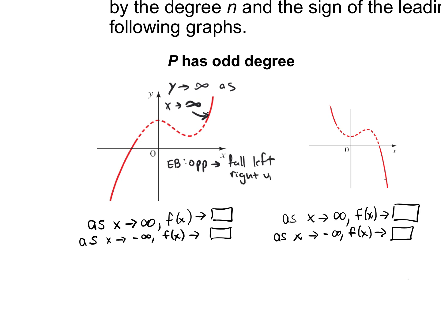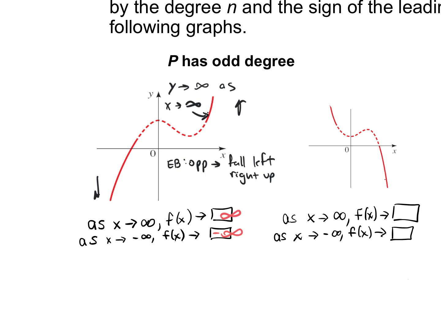So down on the left, up on the right. So as x reaches infinity, f of x reaches infinity, and as x reaches negative infinity, f of x reaches negative infinity. Now what is that? Let me write it in a different color so you can see it better.